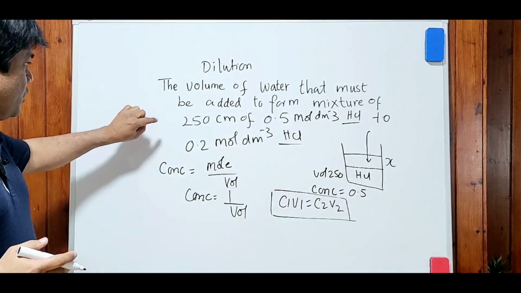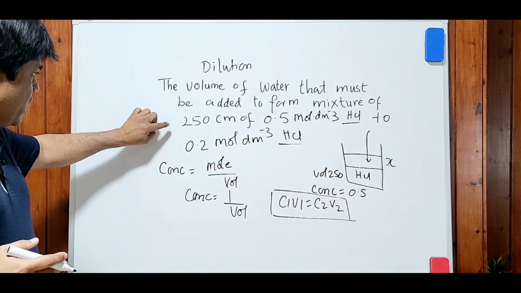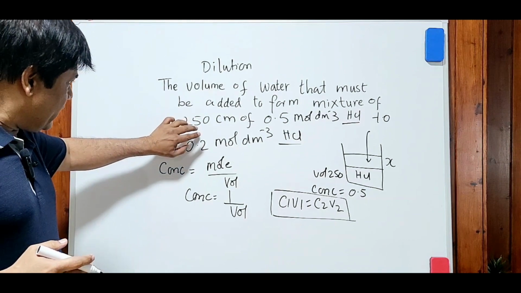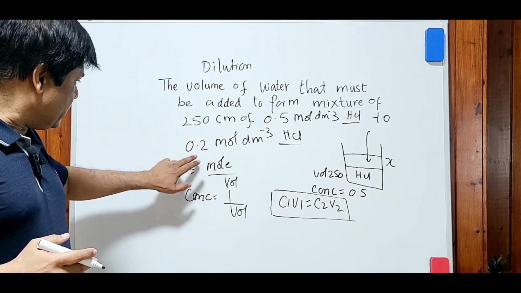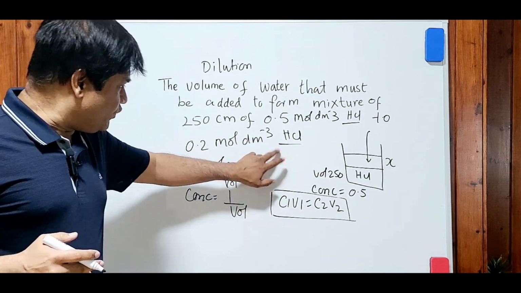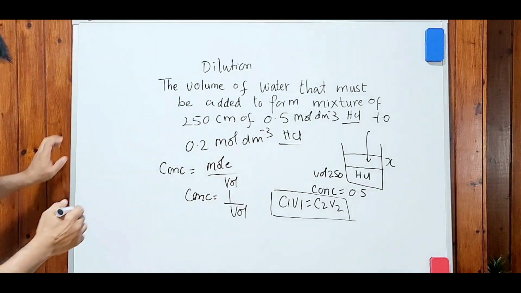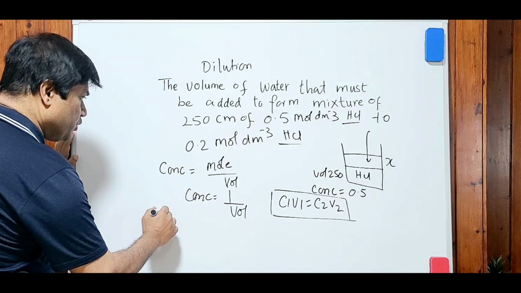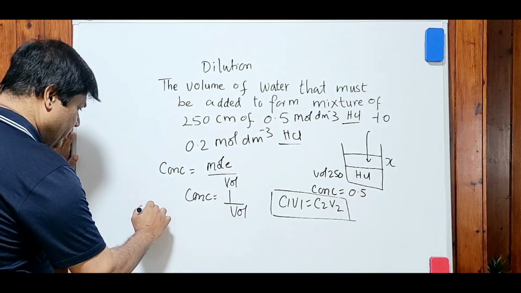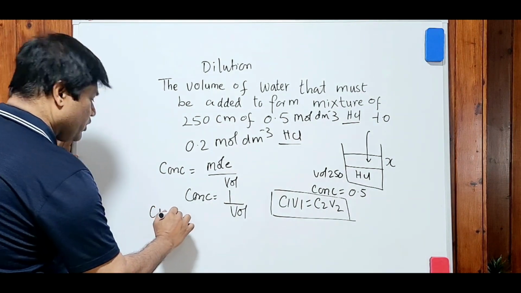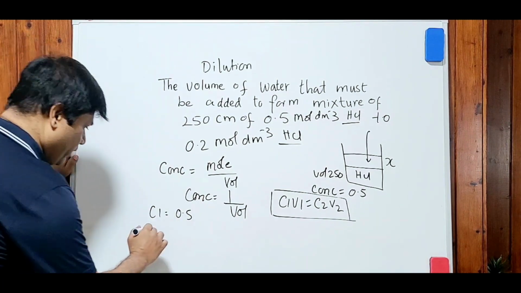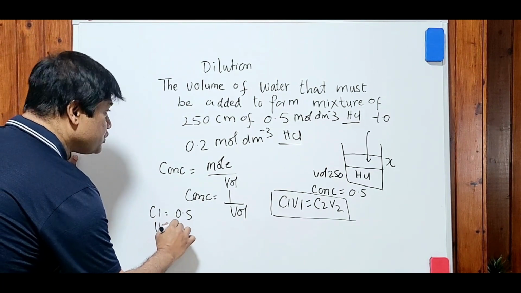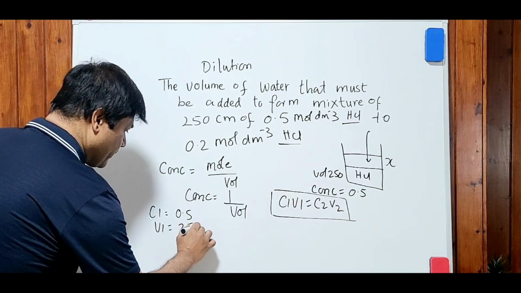Okay, so if I take C1 V1 and C2, we have to work out V2 first. So C1 equals 0.5, agree. V1 equals 250.